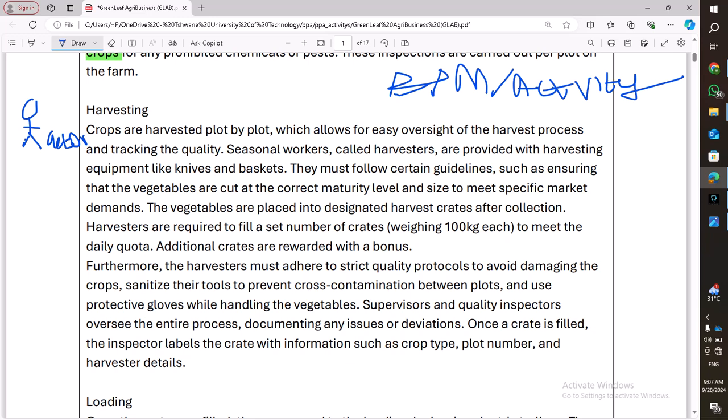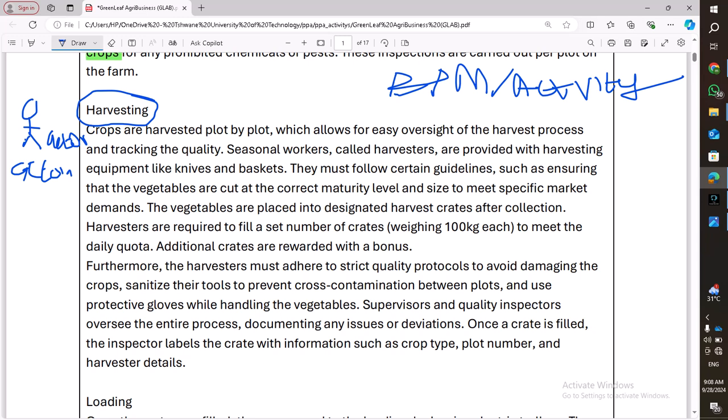So we are looking for actors, the people who make the whole process be completed. Number two, we are looking for the actions: what do these actors do in order for the whole process of harvesting to be completed.